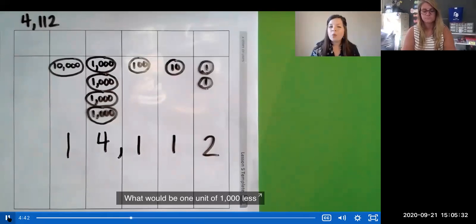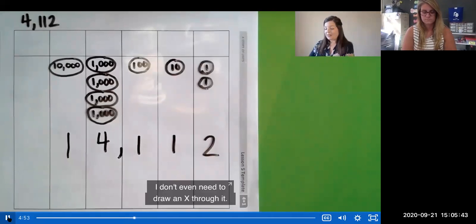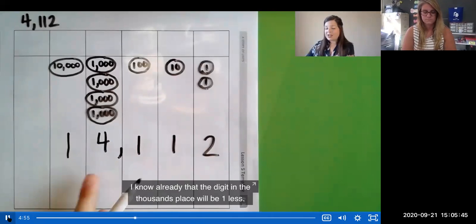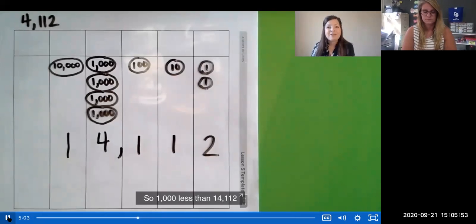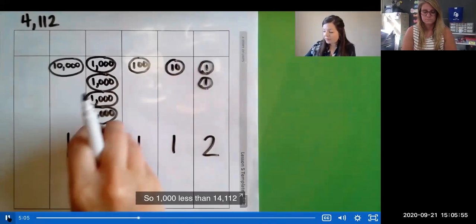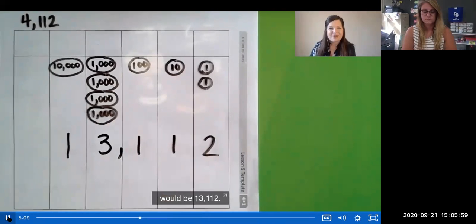What would be one unit of 1,000 less than 14,112? I don't even need to draw an X through it. I know already that the digit in the thousands place will be 1 less. So 1,000 less than 14,112 would be 13,112.